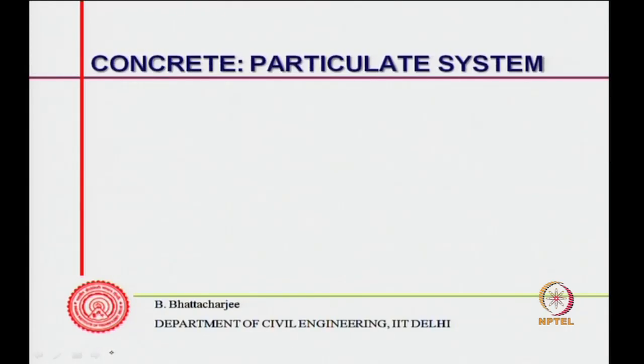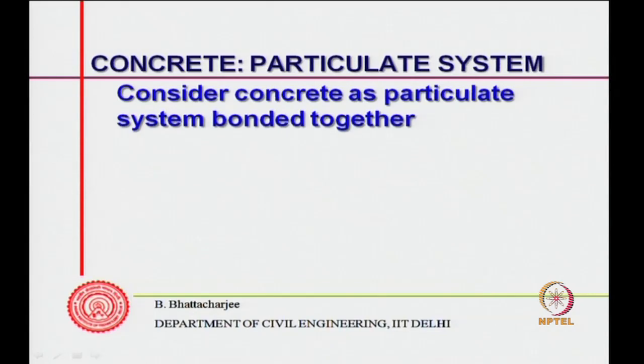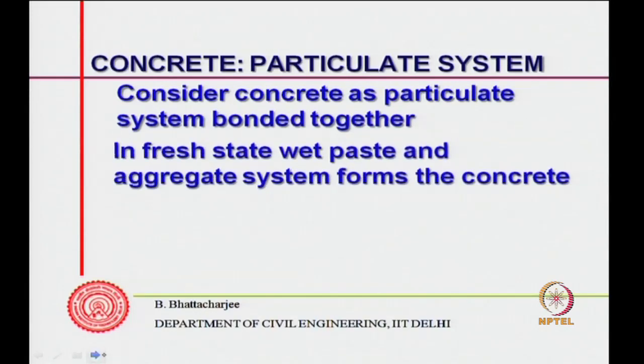Now, you remember that we discussed earlier also, concrete is a particulate system, with particles bonded together, and in the fresh state, wet paste and aggregate systems form the concrete.